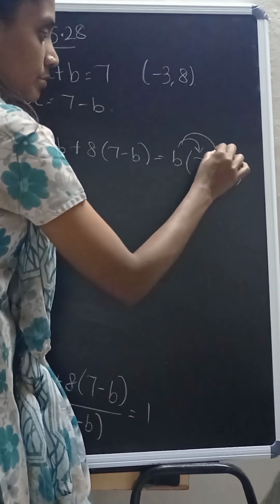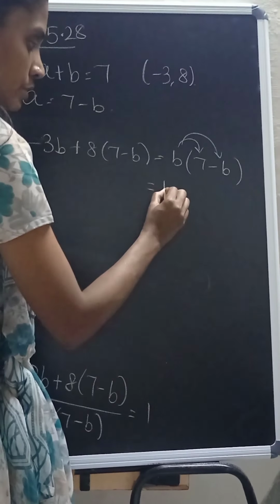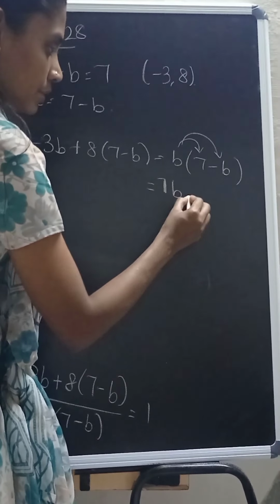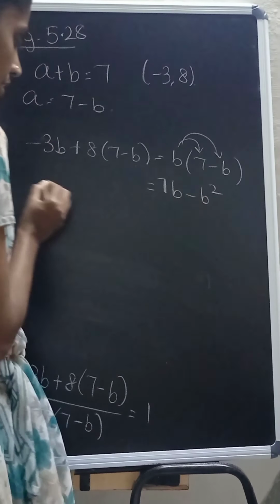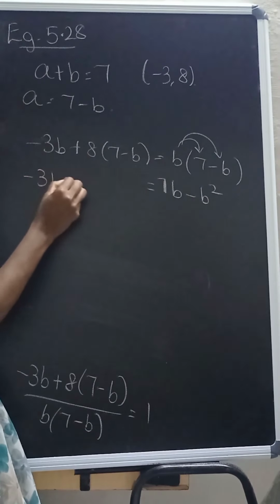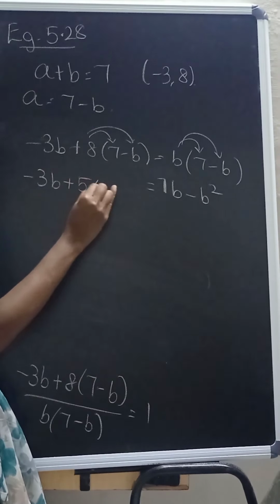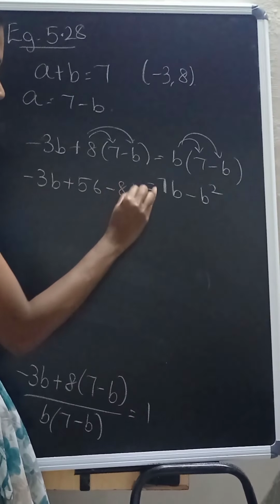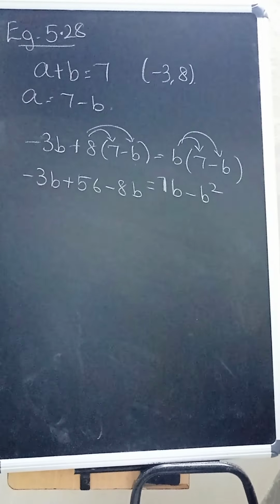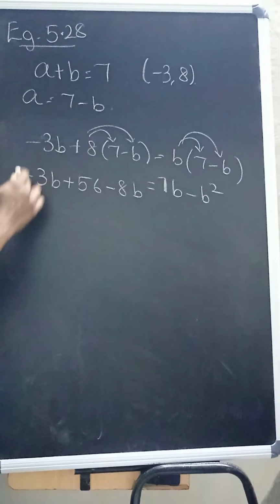First term with the first term, first term with the second. So 7b - b² - 3b + first term with the first term, first term with the second, 8 7s are 56 - 8b. Now bring this to the left side.